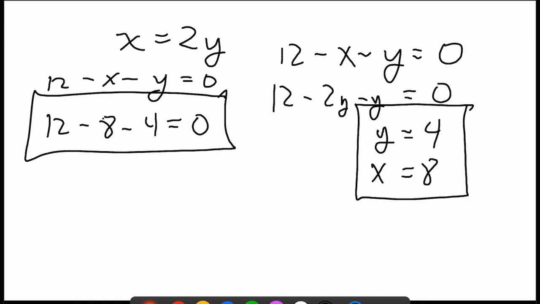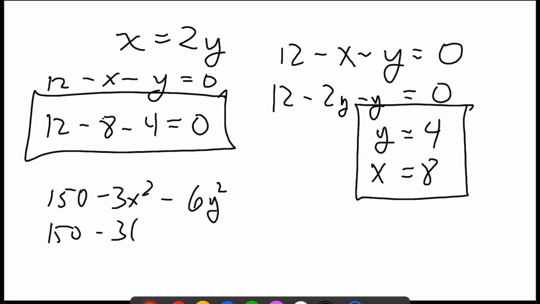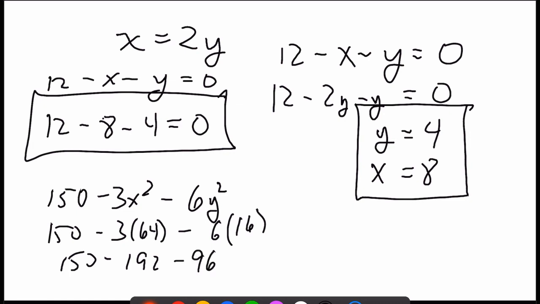Now, 150 minus 3x squared minus 6y squared is 150 minus 3 times 64 minus 6 times 16, which is 150 minus 192 minus 96.